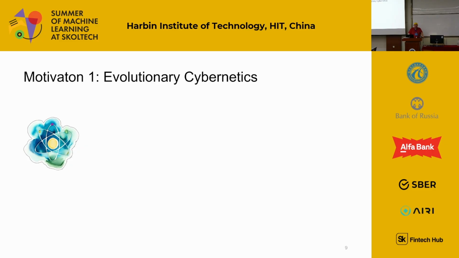That is the hope provided by an area of philosophy called evolutionary cybernetics, pioneered by Valentin Turchin, the Russian mathematician who invented the Refal programming language and who later immigrated to the US and continued his work there. He published a book, I don't actually quite remember the name of it.